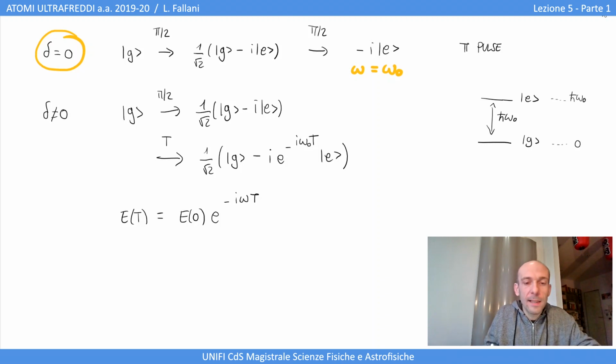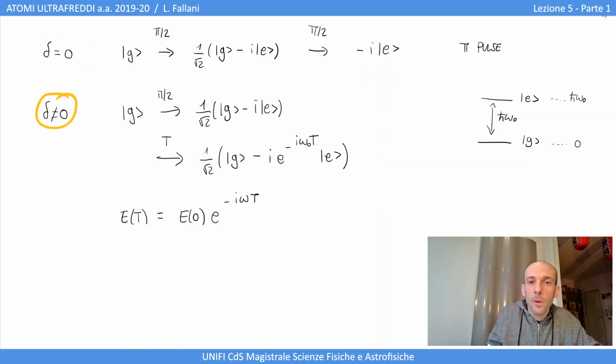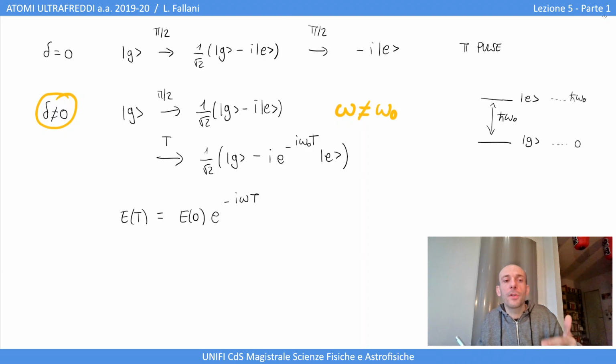Now, when delta is different from 0, we have a different situation, because now omega is different from omega 0, and so after time capital T, the phase of the superposition will be different from the phase of the field.